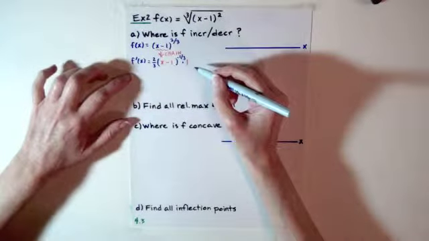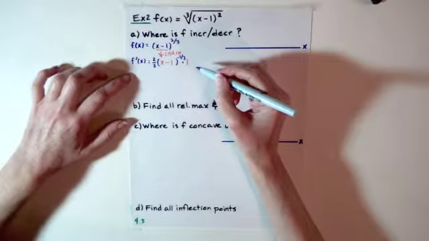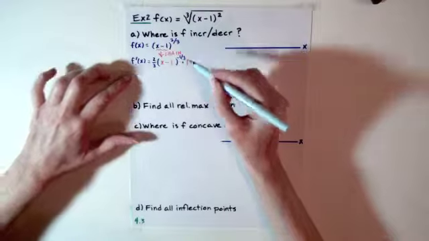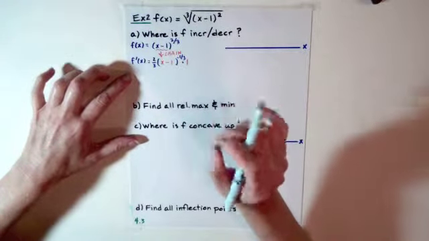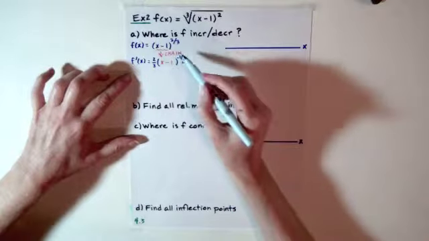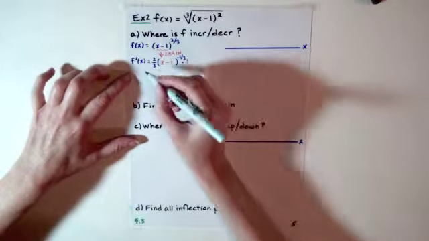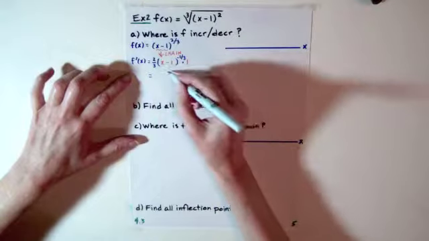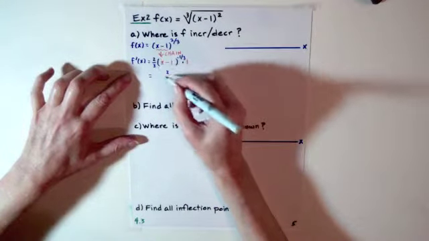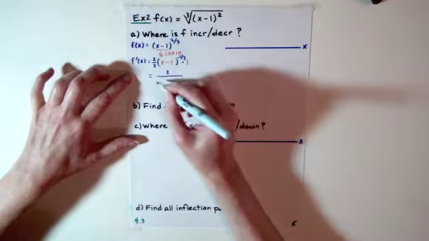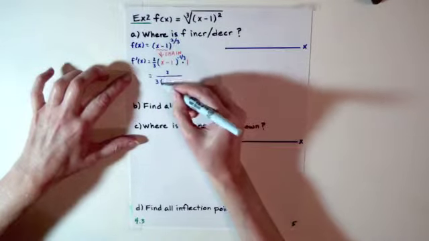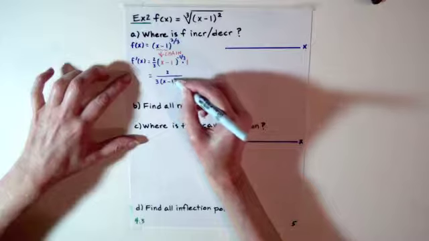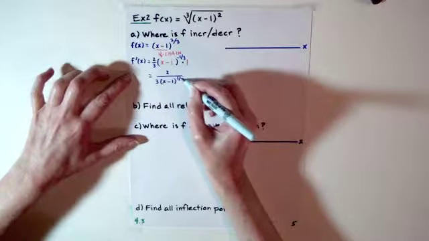So that's my derivative. Let's write it in a nicer form where it's a little bit easier to look at. Usually when we're trying to decide where the critical numbers are, where f prime could be changing sign, we don't like to have negative exponents in our expression. So I'm going to rewrite this with the 2 from the 2/3 in the numerator. The 3 is in the denominator, and I'm going to push all this into the denominator so that I can make it x minus 1 to the positive 1/3.